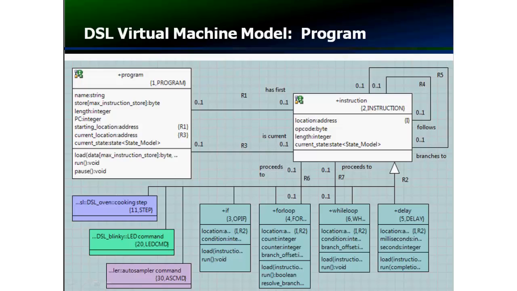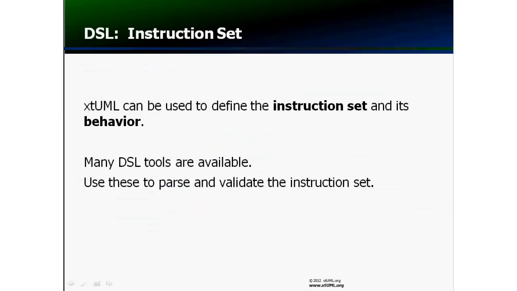And here we have a model that shows a class diagram of the program class that has a relationship to its first instruction, and the instruction has subtype instructions that include delay, while loop, for loop, and if. xtUML can be used to define the instruction set and its behavior.